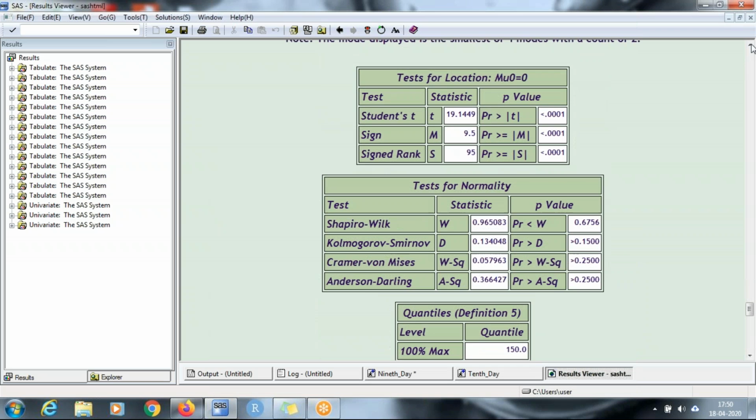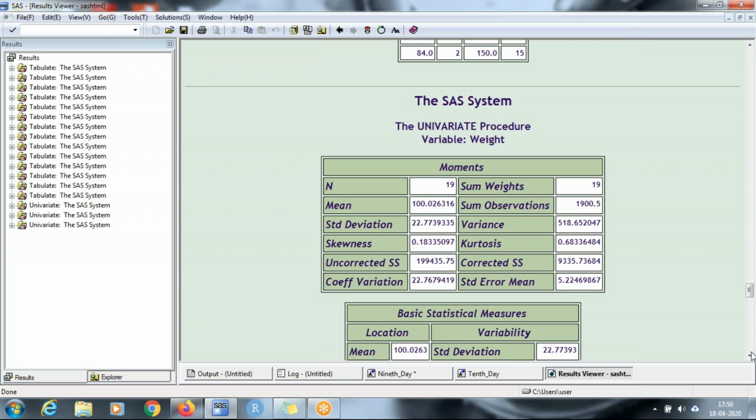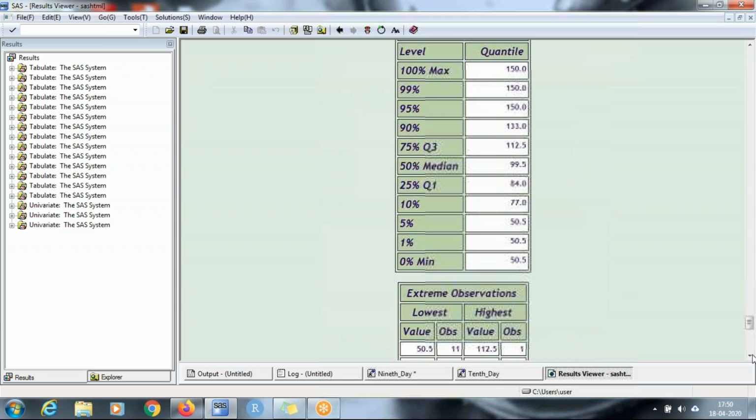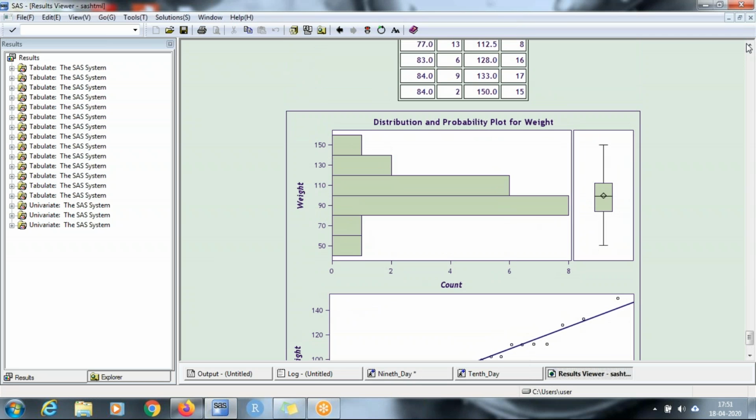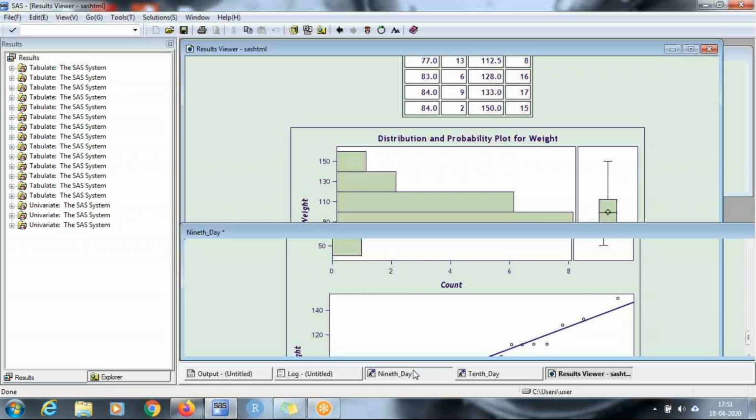And the rest of the other measures. All right. Any question?